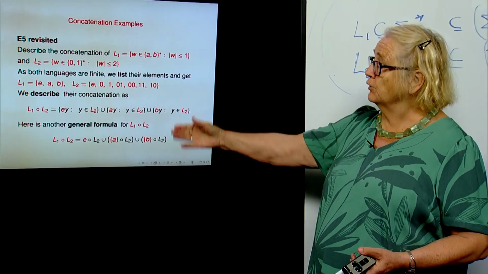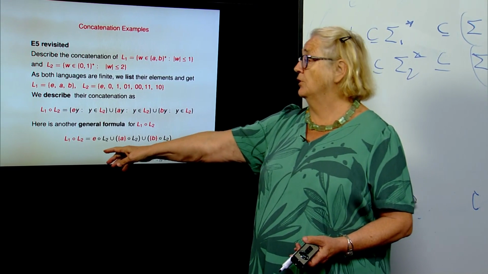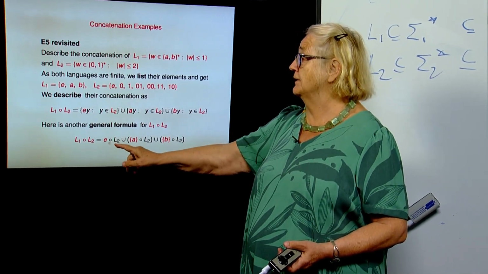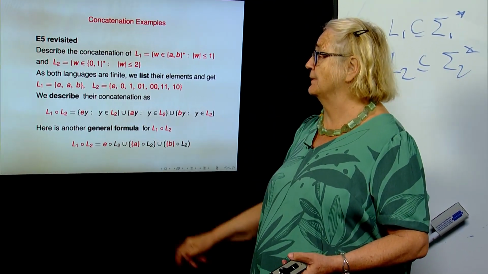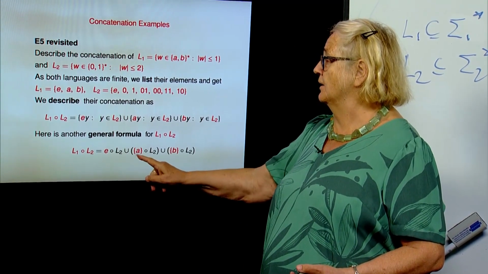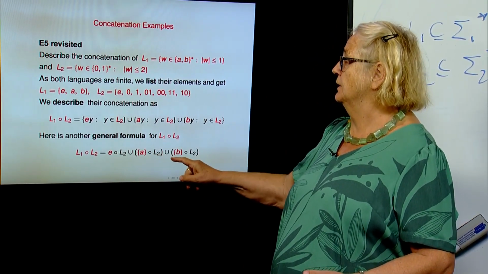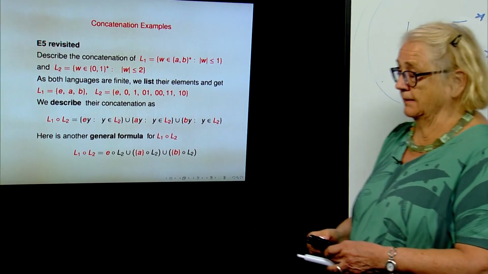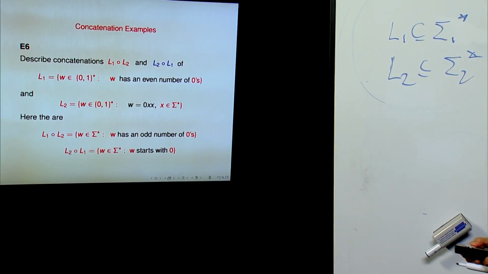So as a general formula, you can write that L1 concatenated with L2 is E concatenated with L2, which is this part, union A concatenated with L2, and B, so you can write it in a more general way.